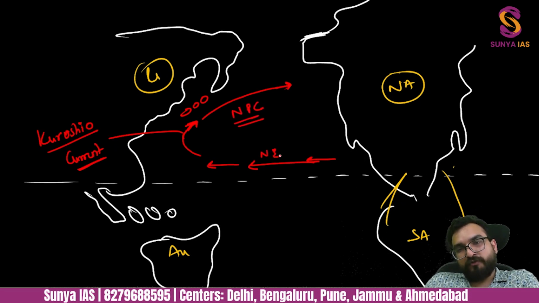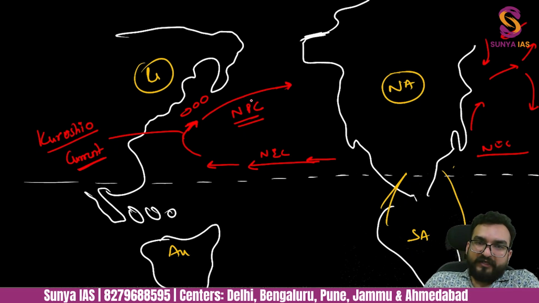This was the North Equatorial current. Over here, Gulf Stream. Over here, North Atlantic Drift. Over here, Norwegian. Then Canary cold. Then over here, Labrador. Then Greenland. I hope you are understanding. But over here, its name is North Pacific because it is in the North Pacific. So the North Pacific current is a warm current. The Kuroshio current is a warm current.